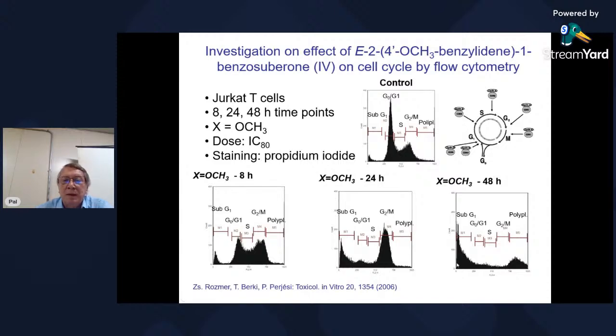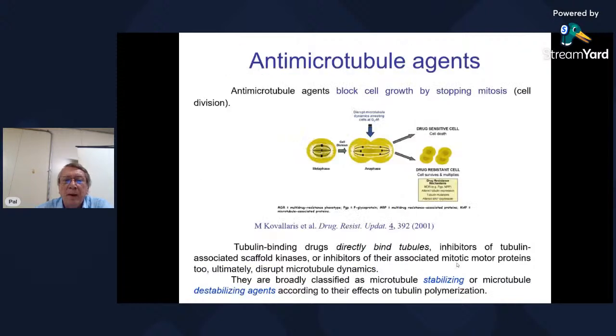So we got experimental proof that the mechanism of action of the cyclic chalcone analog is very much the same as that of those flavonoids investigated before.